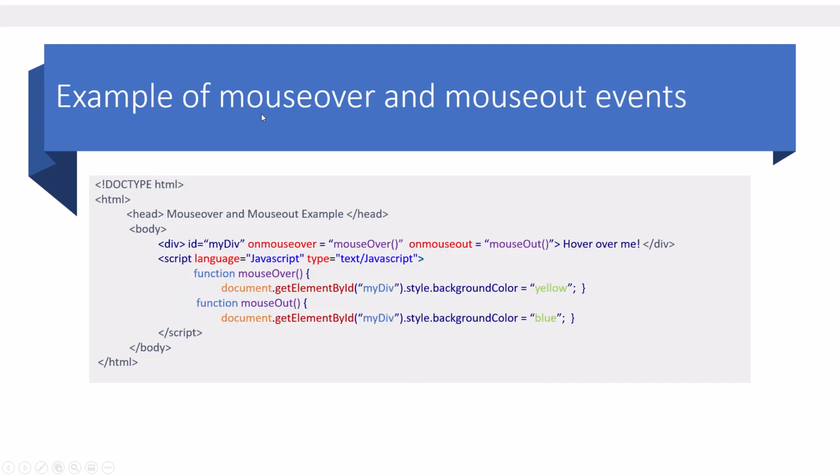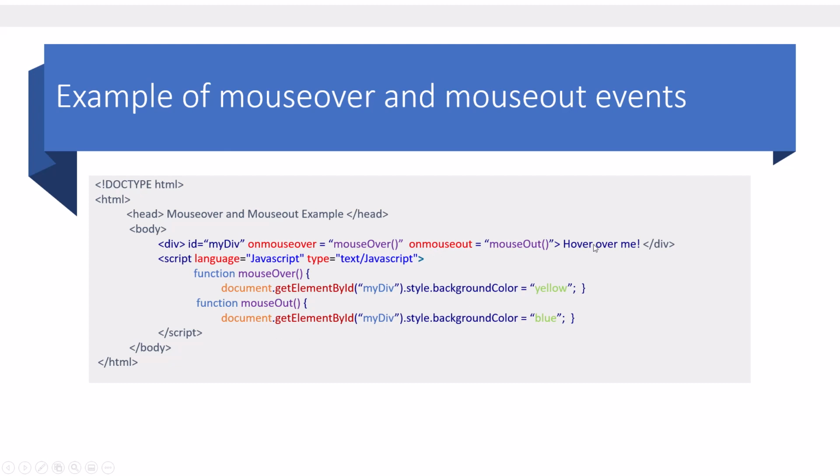This is an example for the mouse over and mouse out events, where we have one div with an ID, on which we are using this onmouseover event and passing the function mouseOver, which is defined here, and another function onmouseout, which is defined here.